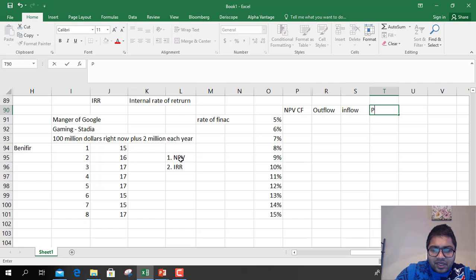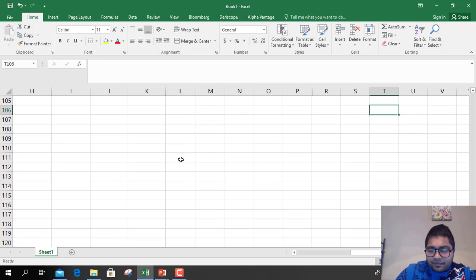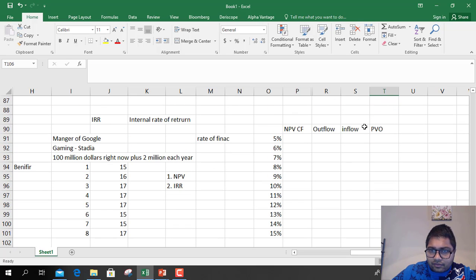Then we'll calculate PV of outflow at these rates, then PV of inflow at these rates, and we'll calculate NPV, net present value. So let's create the cash flow profile first. What are the outflows? It's better to use signs, but let it be.